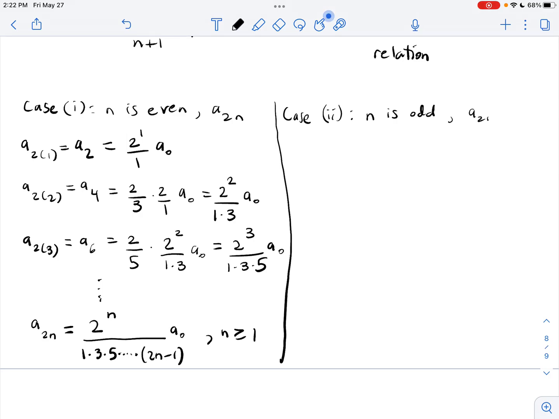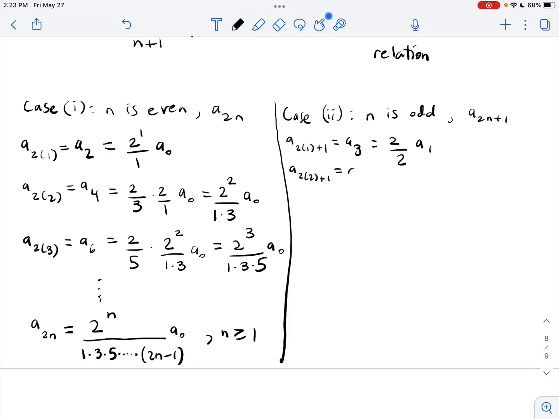N is odd. That means we're talking about the 2n plus 1s. Starting with a sub 2 times 1 plus 1, which is a3. A3 is equal to 2 over 2 times a1.